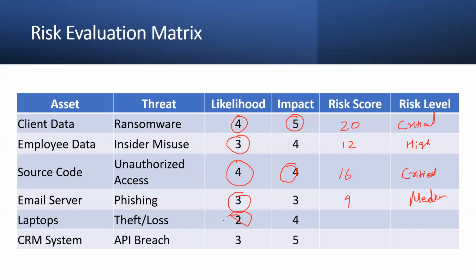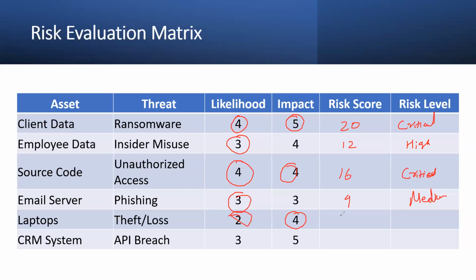But the laptop contains some unencrypted information. If the data has been lost or stolen, that is going to impact a lot. There will be a data breach and exposure of your sensitive data. So we are considering the impact as 4, major.